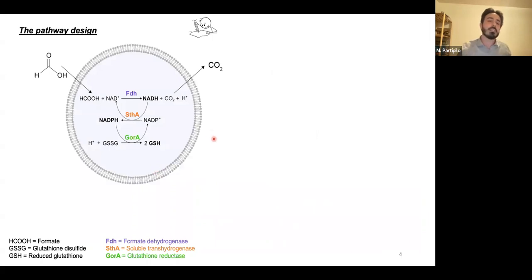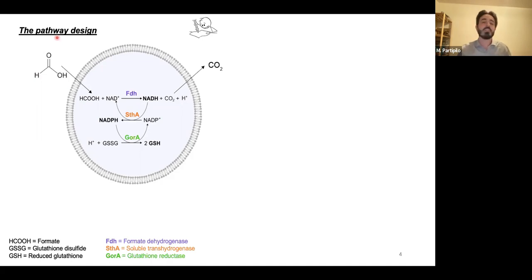So I will start by describing the pathway, and you can see here a schematic that shows our three enzymes enclosed in the phospholipid vesicles, but the whole system is started by formate provision. Now, formate is an appealing molecule for different reasons.